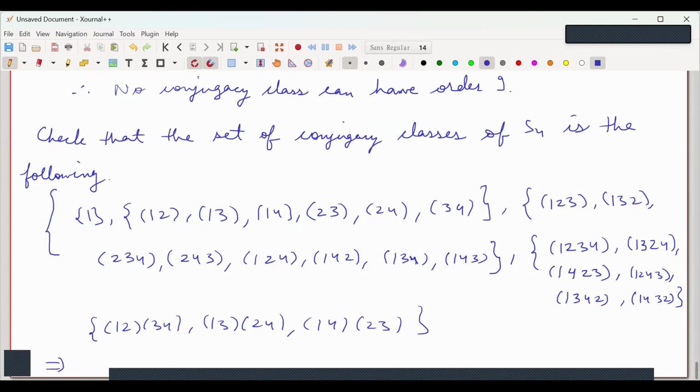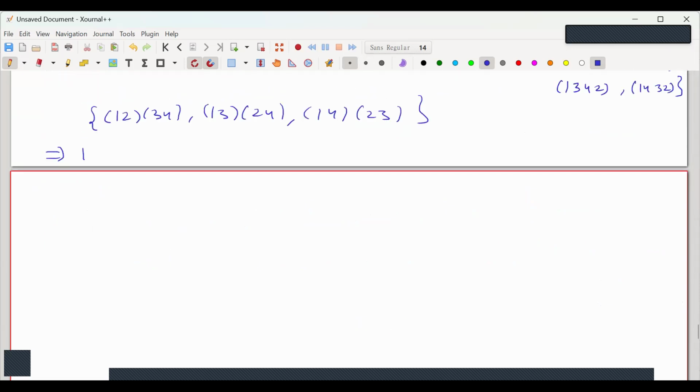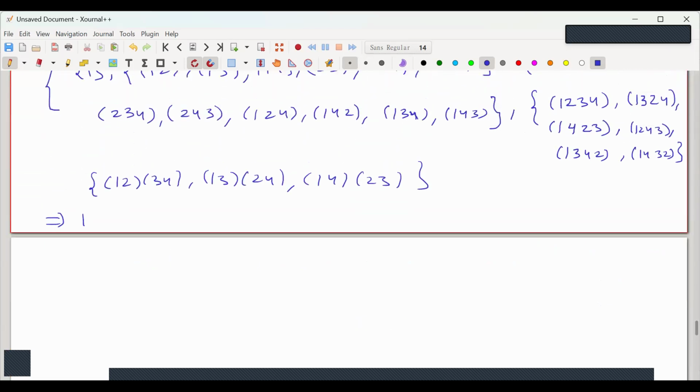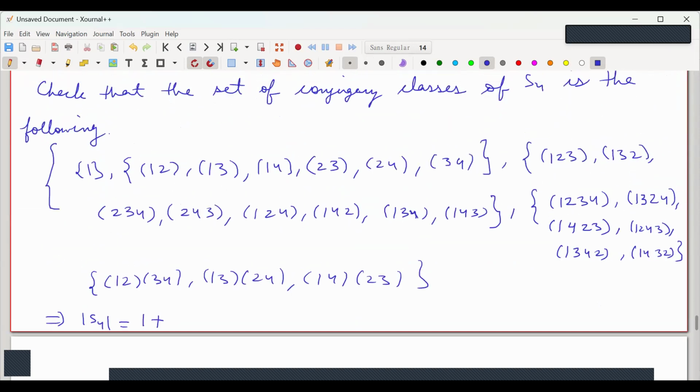This gives the order of S4 written in terms of conjugacy classes, as the class equation. 1 will come from the identity, 3 from here, then there are 6 and 6, and there is 8. So 12, 20, 24, right?